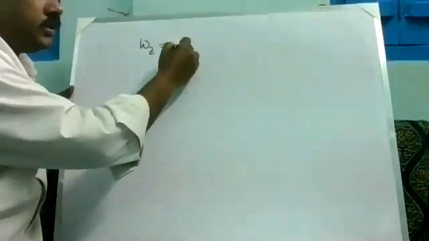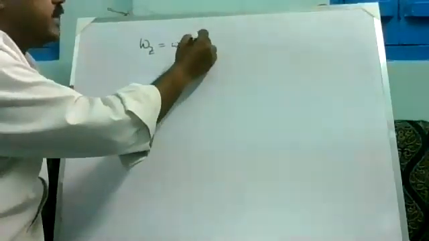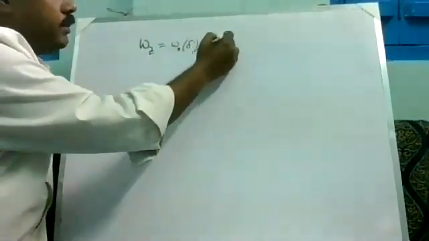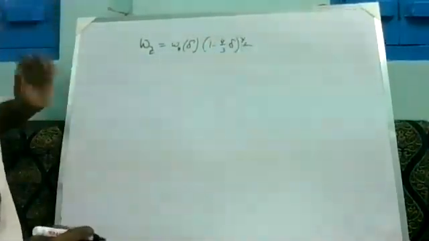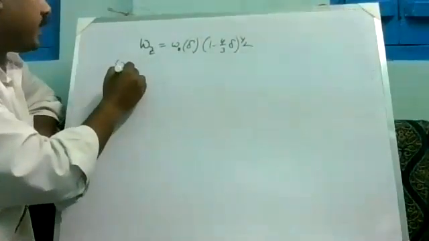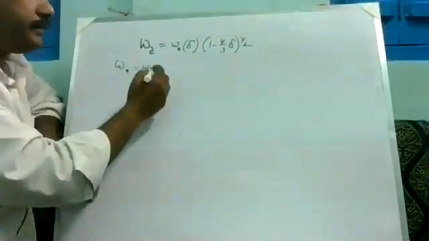So let omega z equal omega 0 as a function of delta, the deformation parameter, (1 minus 4 by 3 delta) to the power half, and omega x equals omega y.